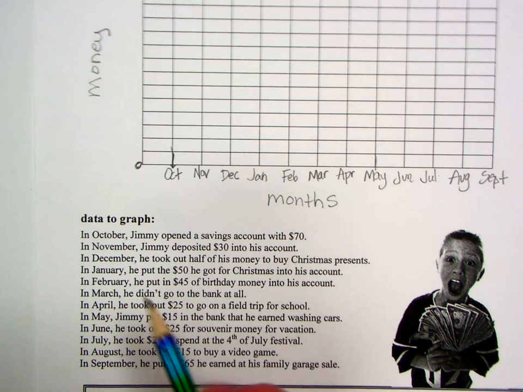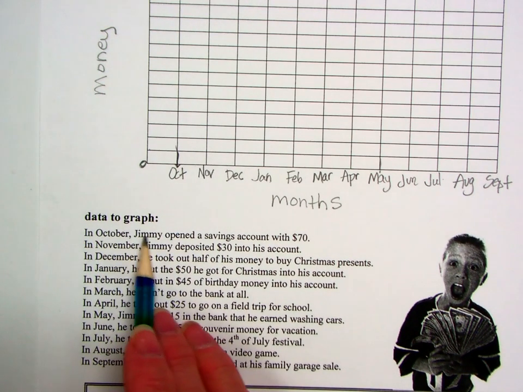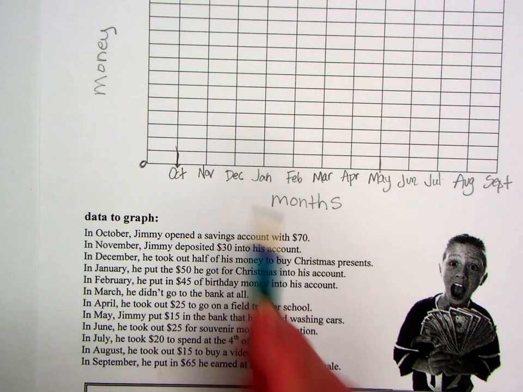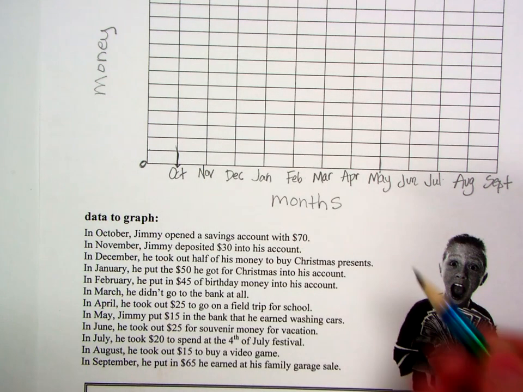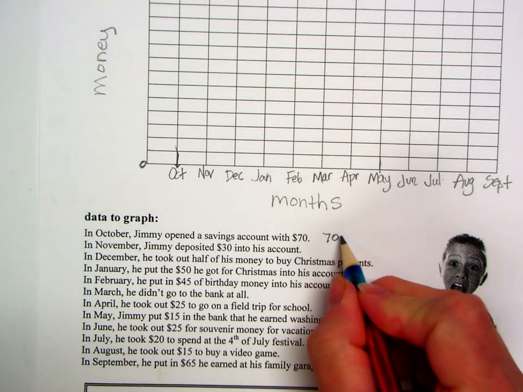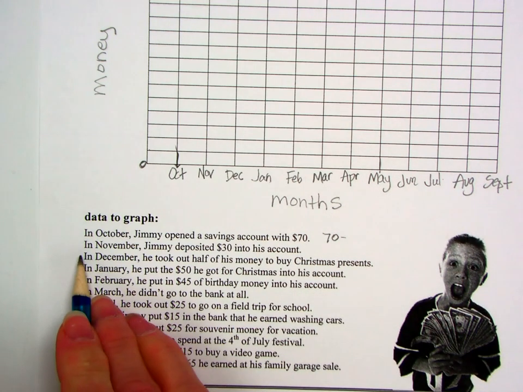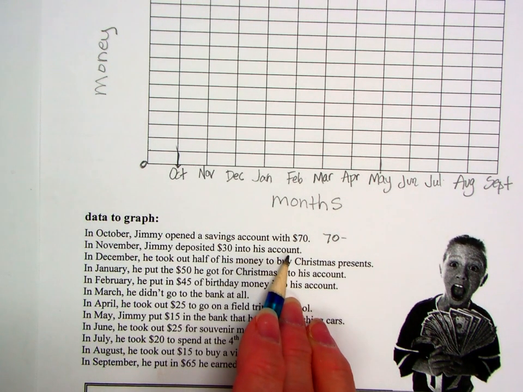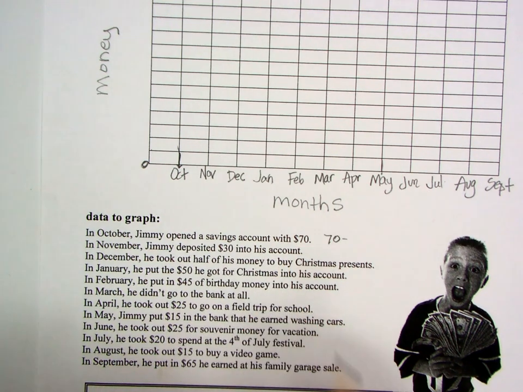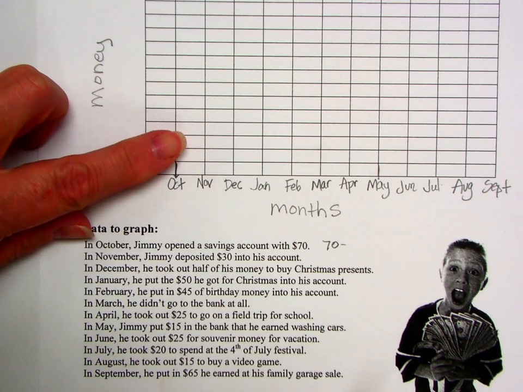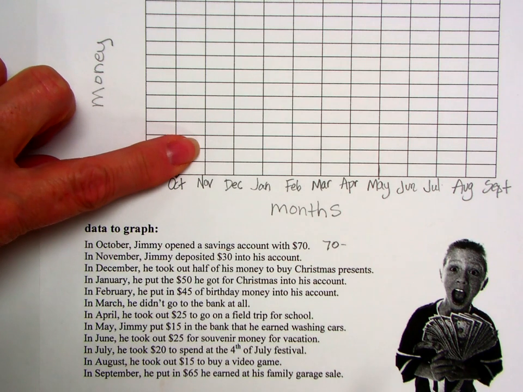So the first line says, in October, Jimmy opened a savings account with $70. So I know that somewhere on this October line, I'm going to need to label $70. So I'm going to put a 70 out there. In November, Jimmy deposited $30 into his account. Now, if he has 70 in October and then he puts in 30 in November, he doesn't have $30 in his account now.